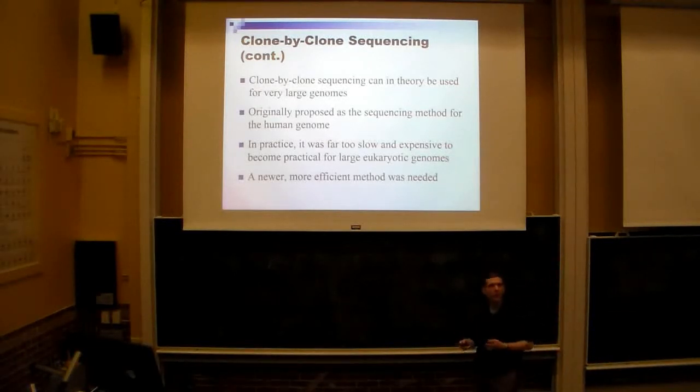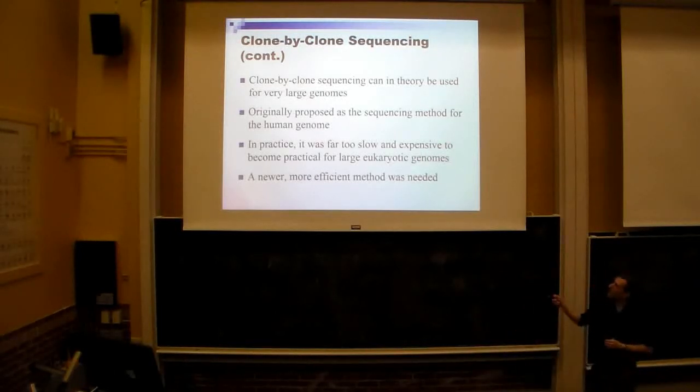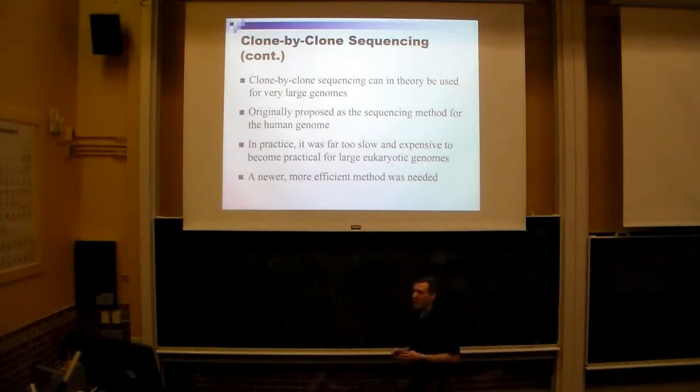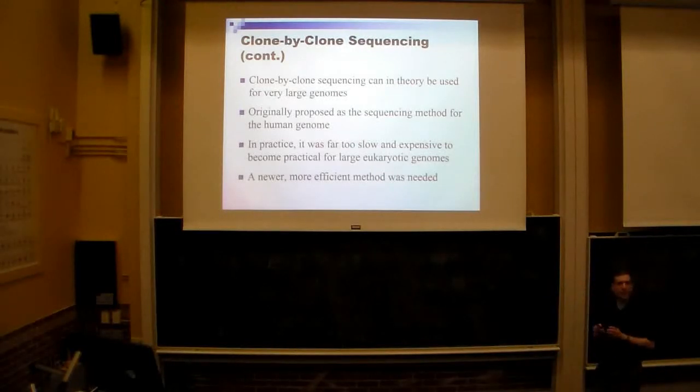They would bring down the cost and bring down the time needed to do this, and eventually you would get a complete human genome sequence. But in practice, this didn't really happen, and new technologies were needed to actually make it practical to sequence the human genome and to sequence other genomes going forward. So a more efficient technique was needed to bypass the slow steps in this process.